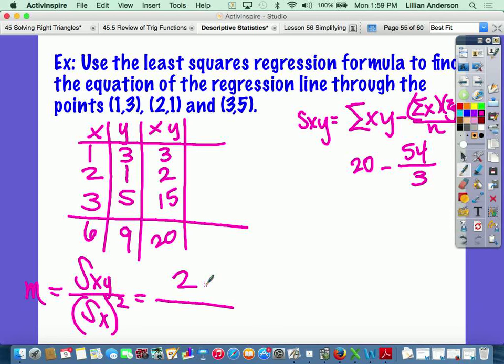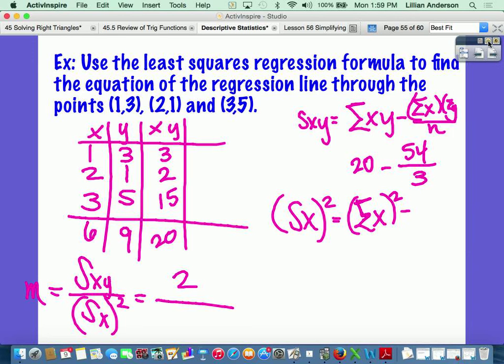Now we have to do the bottom part. That's the sum of x squared minus the sum of x, squared, over n.